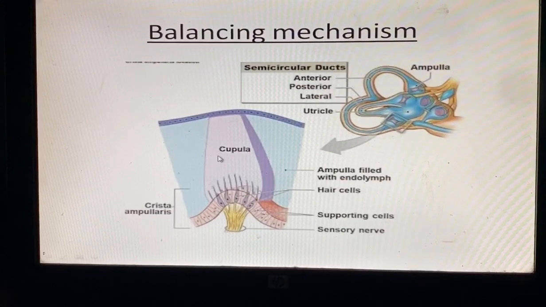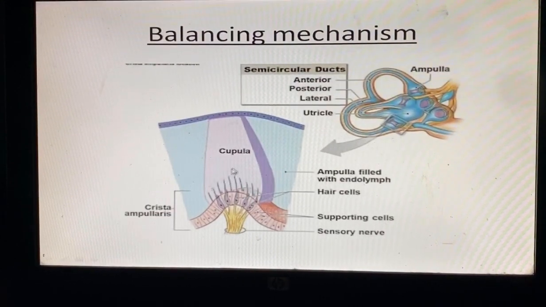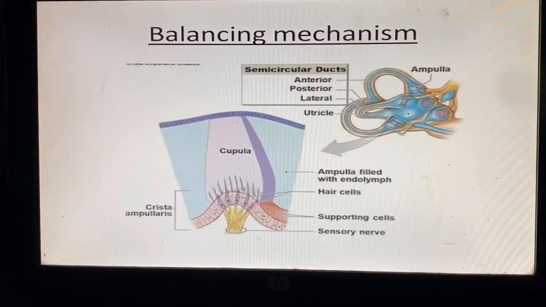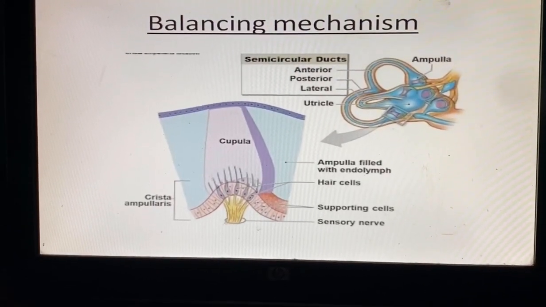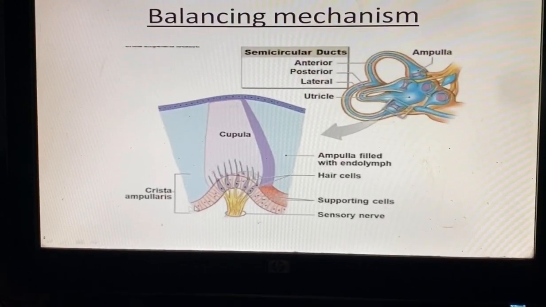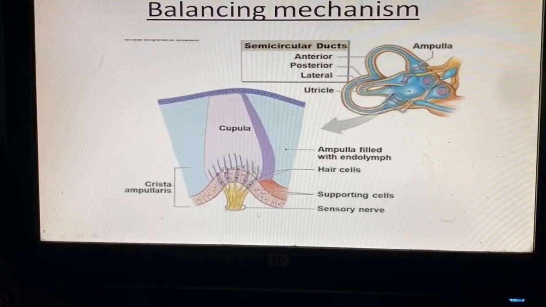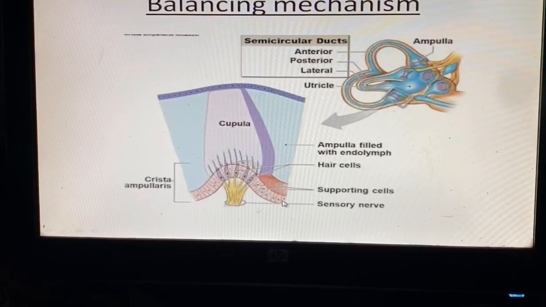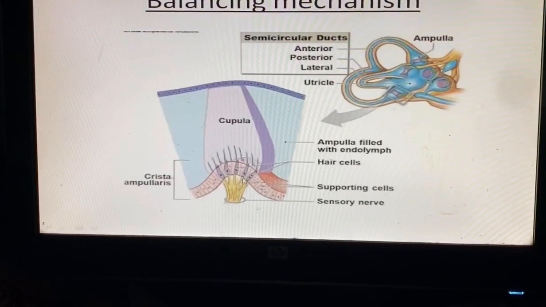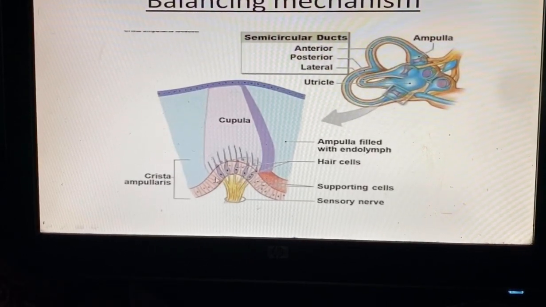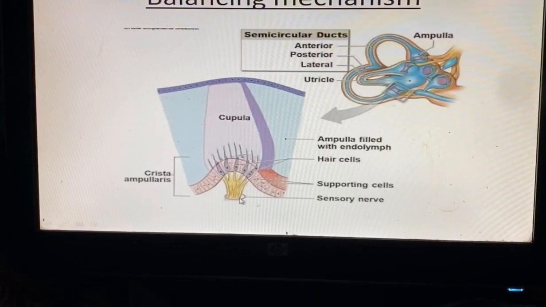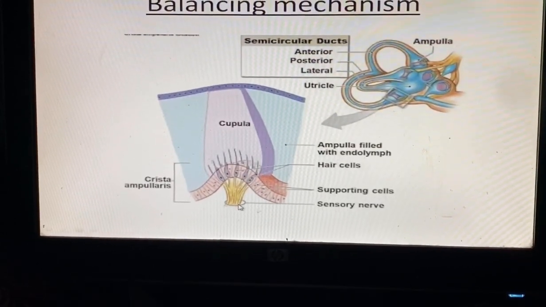Inside the cupula there is endolymph, of course, but a thicker liquid here. At the base of the cupula is the basement membrane formed of cuboidal epithelial tissue, which supports some sensory hair cells with the help of supporting cells and nutritive cells. At the base, sensory nerve cells.